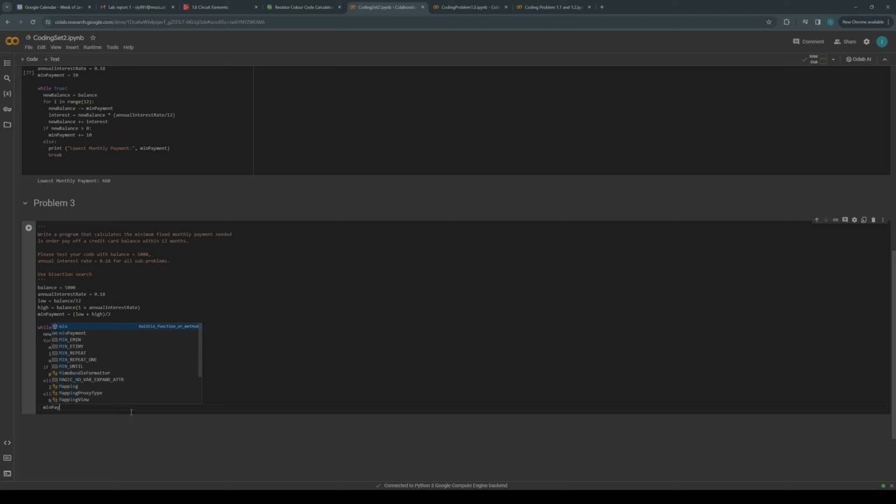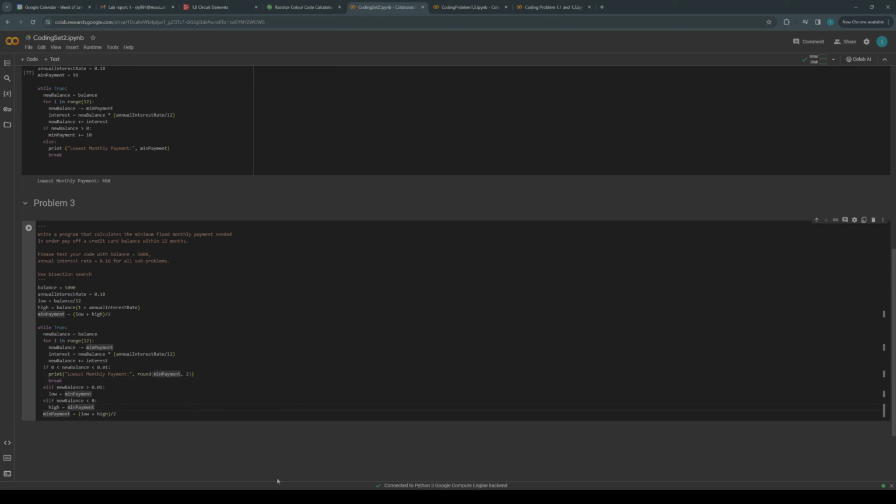Minimum payment is going to be equal to low plus high divided by 2. All right, so let's look at this. I should probably break out of this also, and then break. Because if I didn't add the break there, we would just go endlessly, is what I'm understanding.